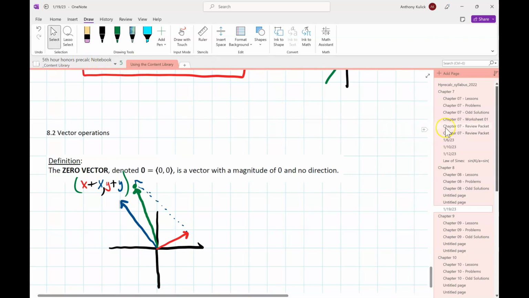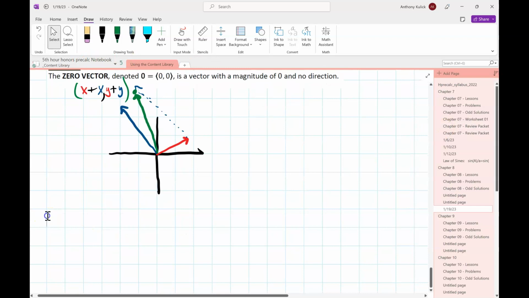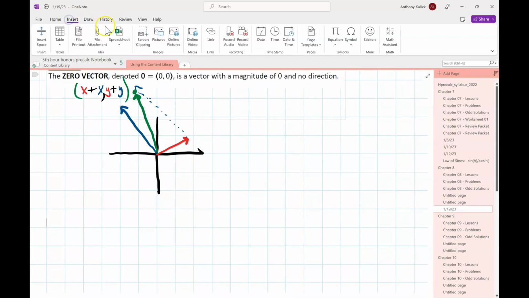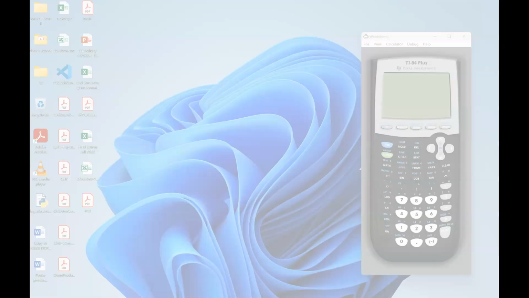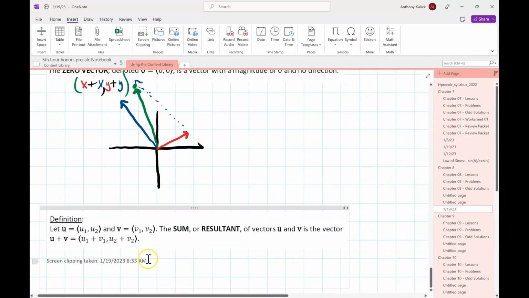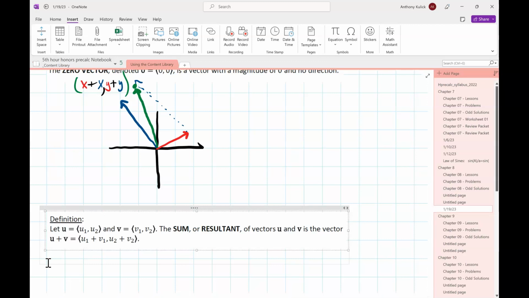Oh, okay. So what this means simply is that if I'm adding two vectors in component form, I just add them component-wise. I add the x-coordinates together, I add the y-coordinates together, and that's going to be my resultant vector.